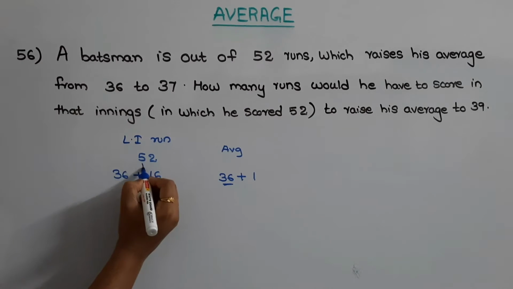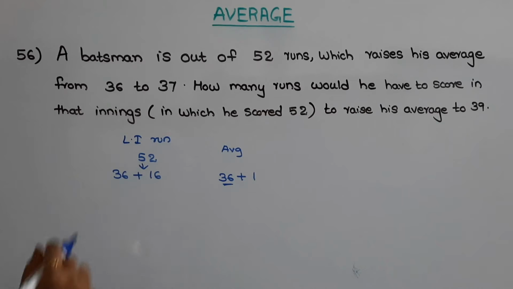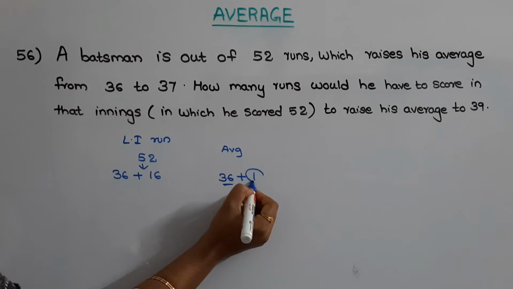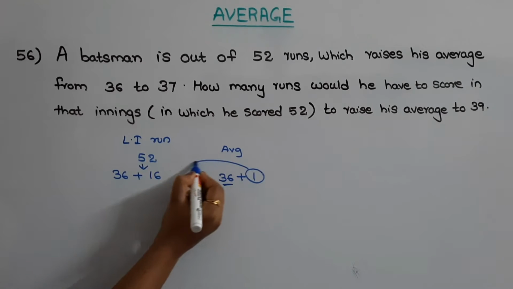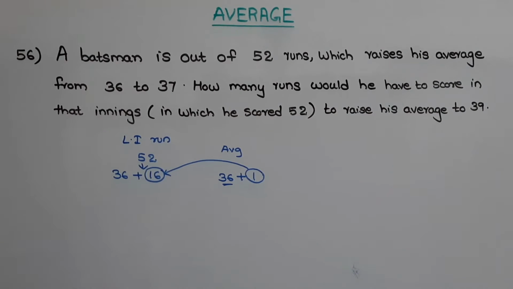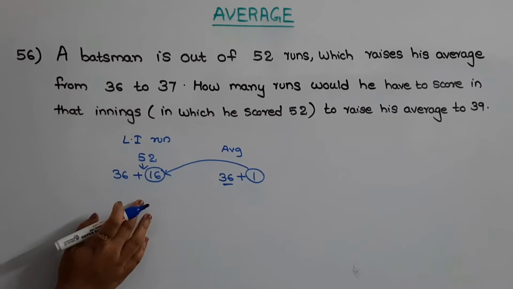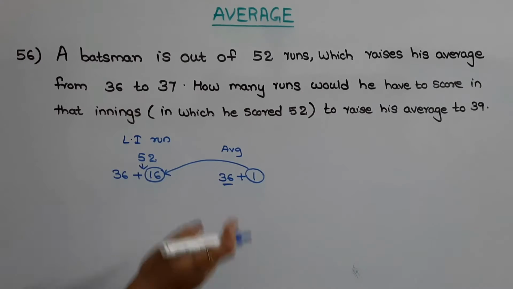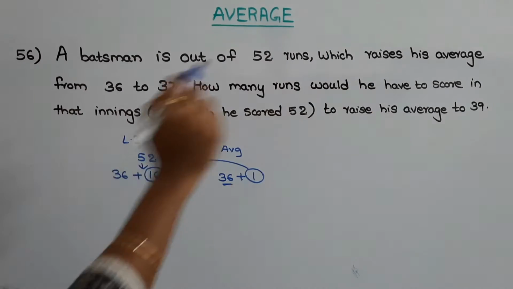Okay. So, this 52 can be written as 36 plus 16. Okay. So, if the increase in the average is 1, it means there is an increase in the runs by 16. Okay. So we need to find out the number of runs which he should make in the last innings so as to increase his average from 36 to 39.